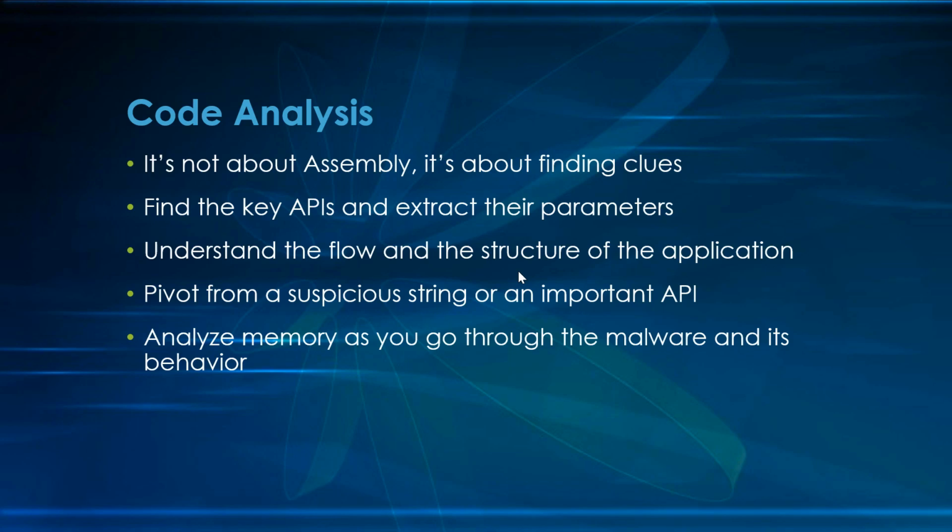We'll see now how we can pivot our analysis from a suspicious string we have found inside the malware, or an important API, a key API like download file or HTTP connect, or an API for resolving domains like gethostbyname.